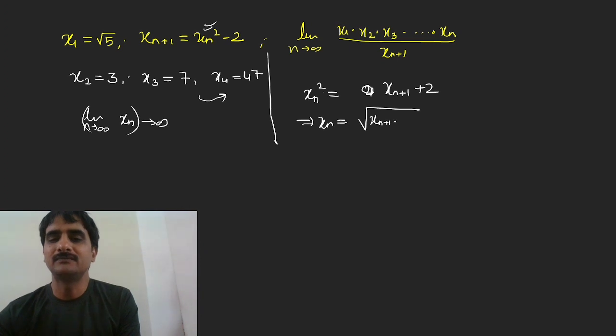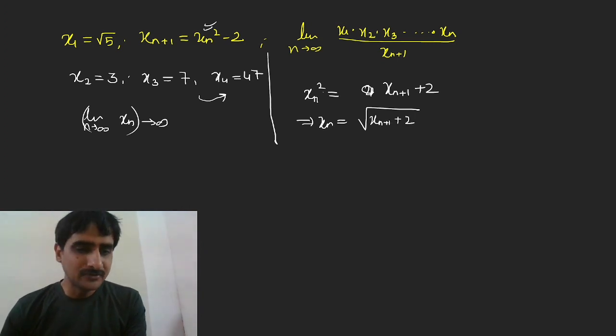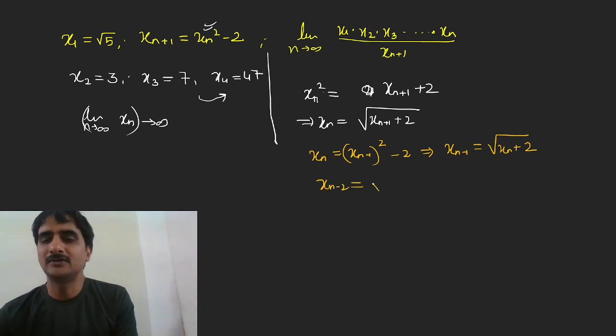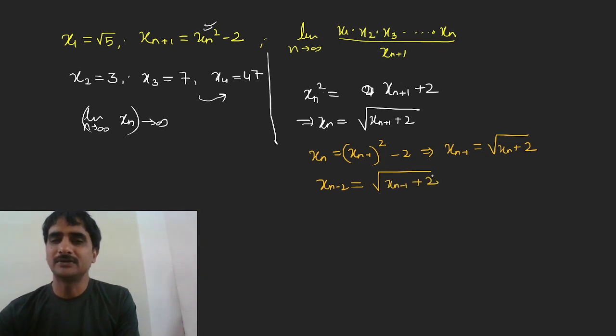Similarly, I could write for xn minus 1: xn is xn minus 1 whole square minus 2, so xn minus 1 is again under root of xn plus 2. Similarly, I can write xn minus 2 is under root of xn minus 1 plus 2.